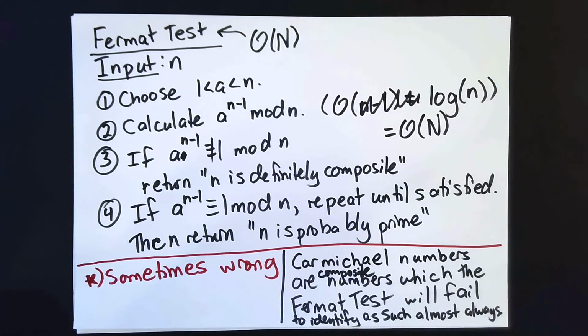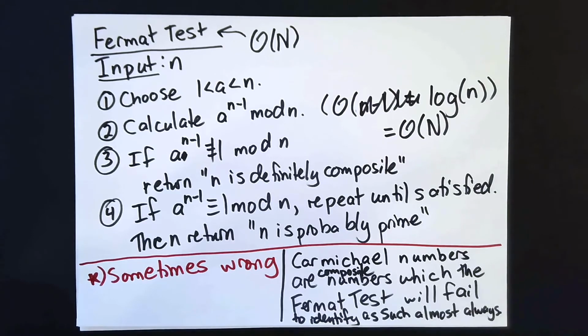And the chance that you come across a Carmichael number in the wild is significantly less than the chance that you get hit by lightning twice. So, on the one hand, these numbers are out there, but on the other hand, practically, unless you go out specifically looking for them, you're not going to find them.